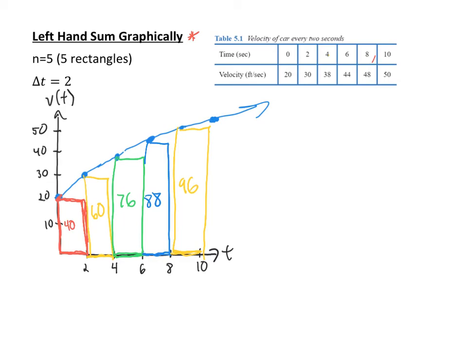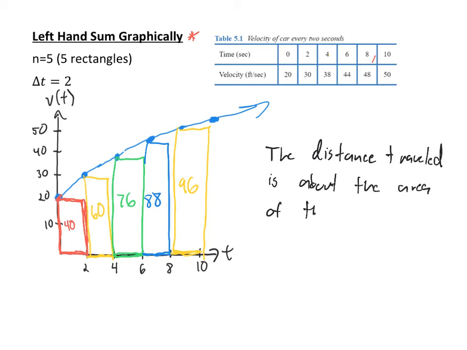So what we're saying is the distance traveled is about the area of these rectangles. If you added those rectangles up, that would give us the same value that we had previously estimated. And we estimated that to be 360 feet. And so this is what it looks like graphically.